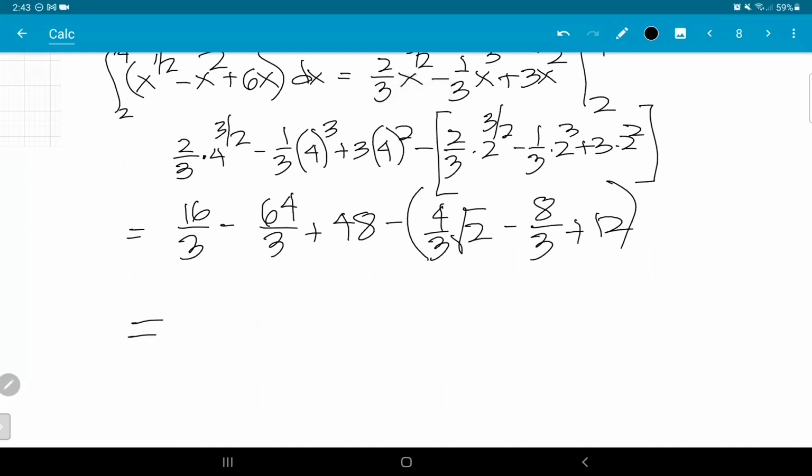So we have the over the 3's. We just add or subtract their numerators. Don't forget you have to distribute the minus sign. You have to be very careful with the numerical computation. So 16, this should be plus 8. So 24 minus 64 is negative 40. 48 minus 12 is 6.